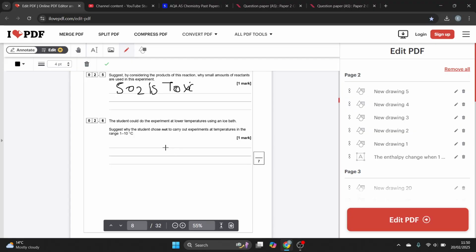The student chose not to carry out experiments at high temperatures in the range 1 to 10 degrees Celsius. The reaction would take too long.